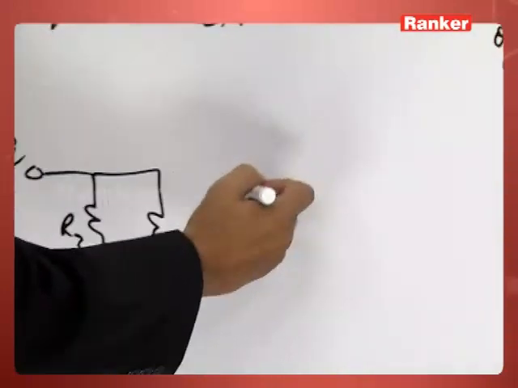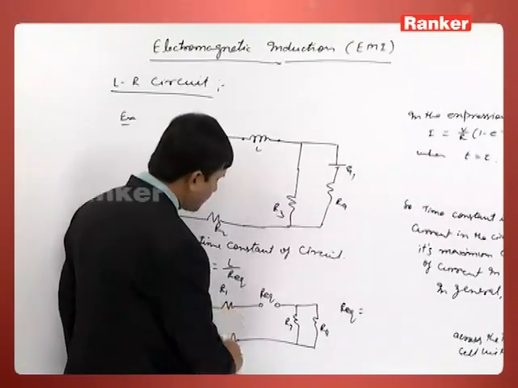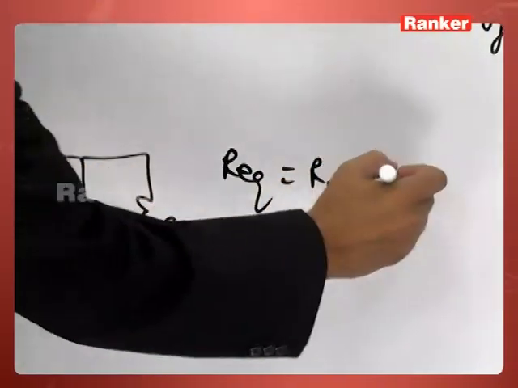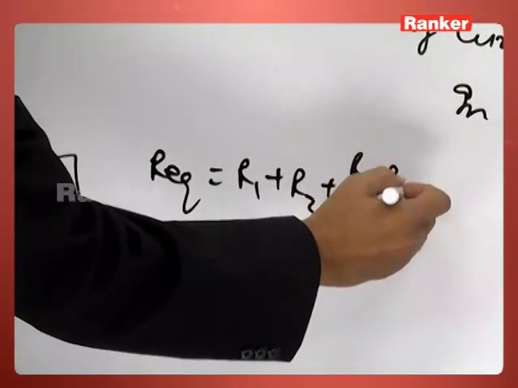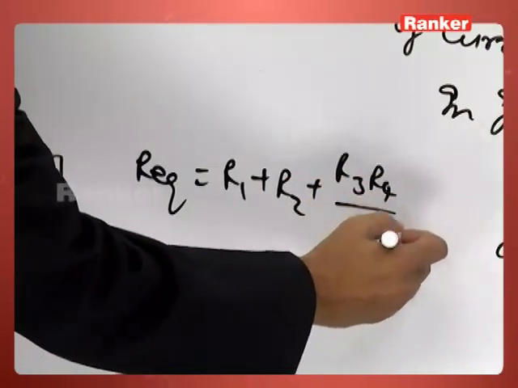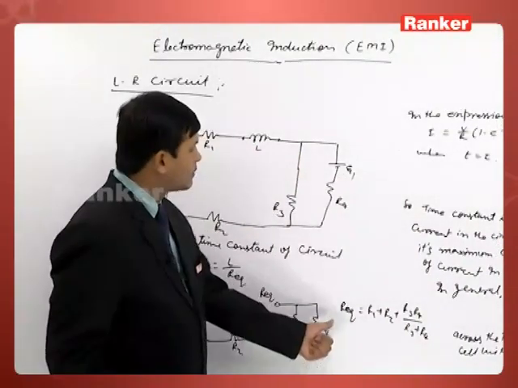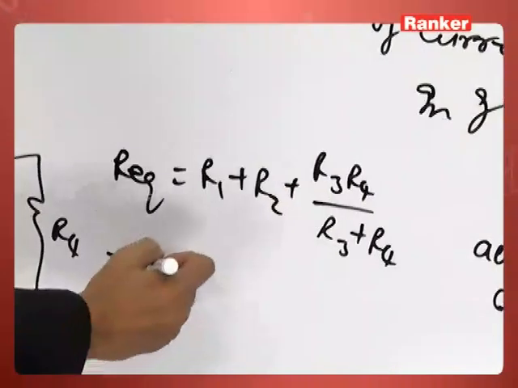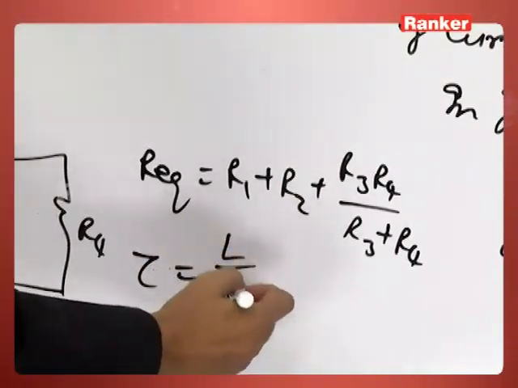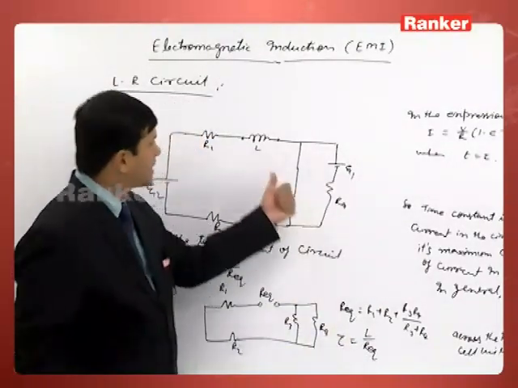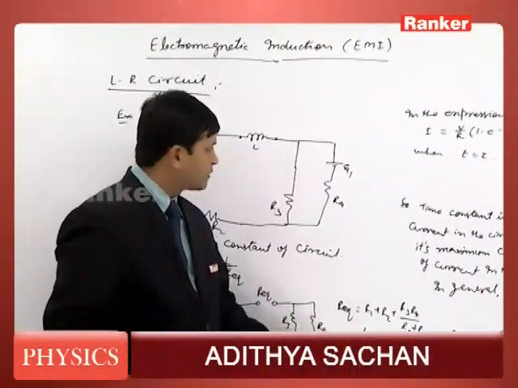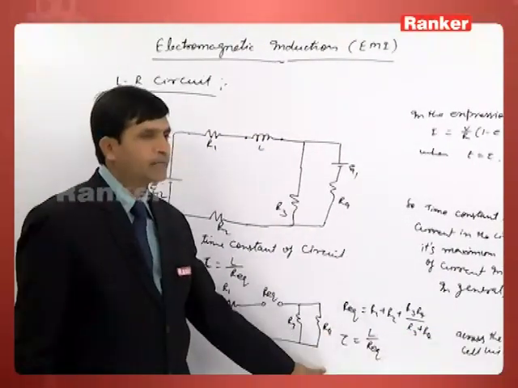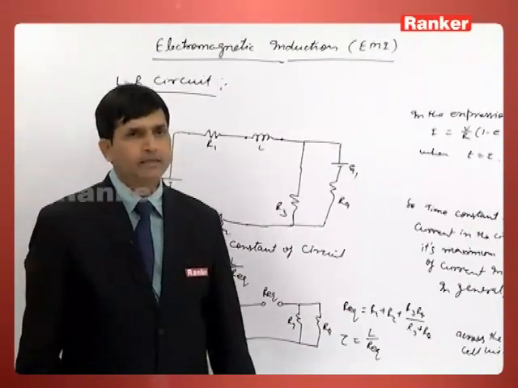So R equivalent will be R1 plus R2, and these two in parallel, R3 R4 by R3 plus R4. So this is the value of R equivalent, and L we already have. So time constant is written as L by R equivalent. Whatever the value of L given, we can put it here, and R equivalent we can write in this manner. In this way we have to calculate the time constant for any given circuit.